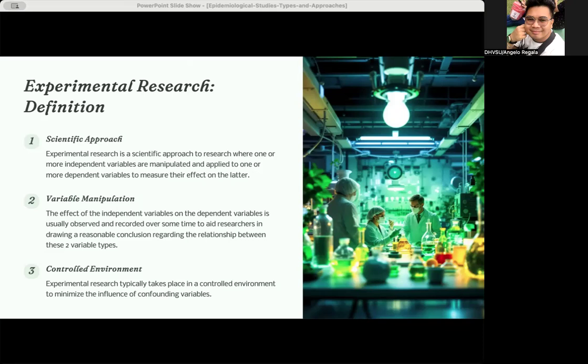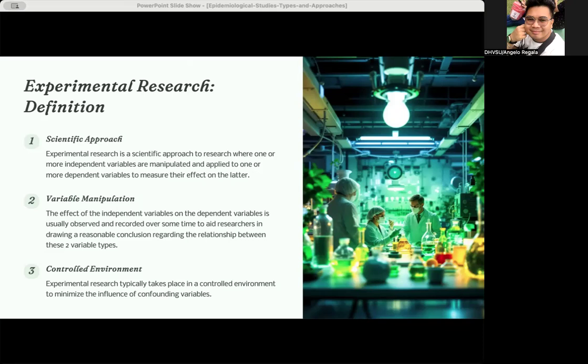So it started with a quasi-experimental study, wherein they tested the vaccine on a particular group of people who have or do not have COVID-19. And then it became bigger and bigger until such time that the vaccine was rolled out and deemed effective in preventing the spread of COVID-19.